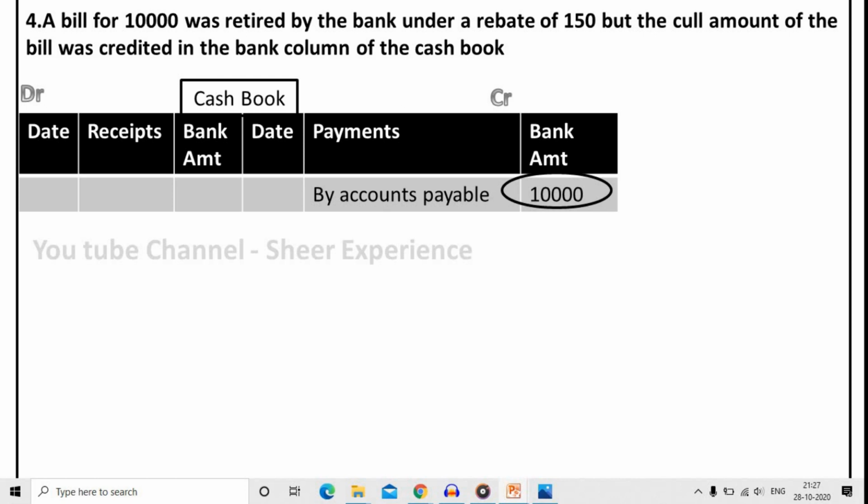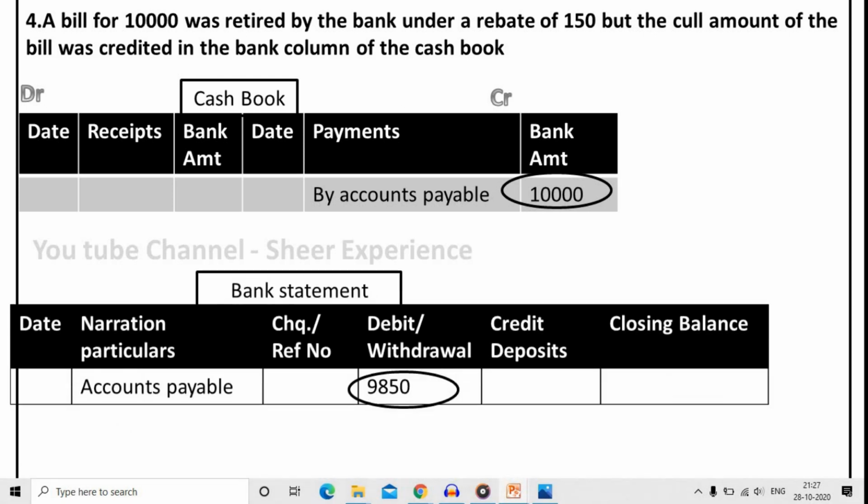Discount received should be entered in discount received column, or we will prepare a separate journal for discount received. Here we have entered whole amount, that is 10,000, including the discount received, that is 150. But in the bank statement, it is reflecting only 9,850, which is excluding discount.